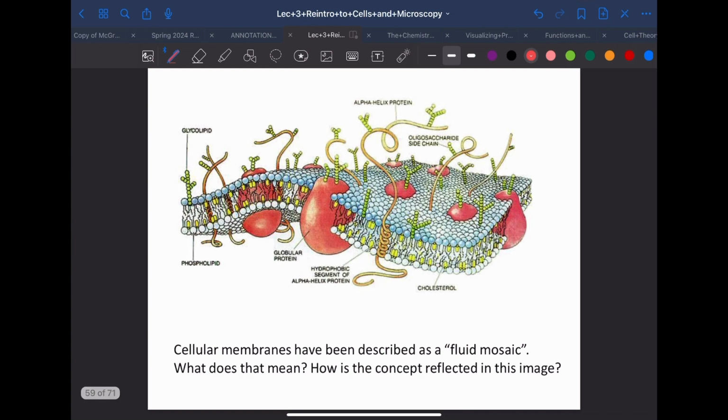So here's another picture of the fluid mosaic. One of your goals is to be able to explain why it's called fluid mosaic. But again, the main idea is that it's just made up of a lot of different things. If you look up what a mosaic is, I probably should have added a picture on here, it looks exactly like that. So I can give you a blank diagram like this, and I could ask you to label it.